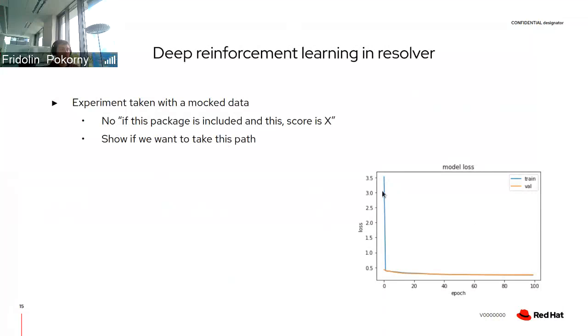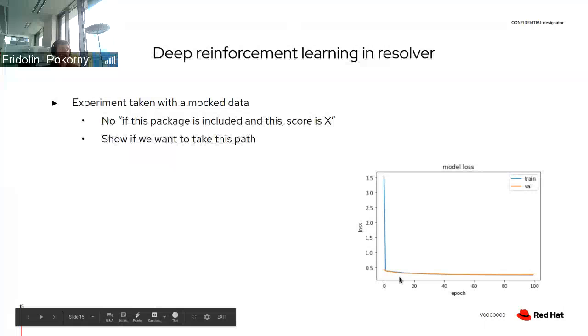You can see it also on the model loss, where the loss drastically drops over time, and then it does not change that much over epochs.